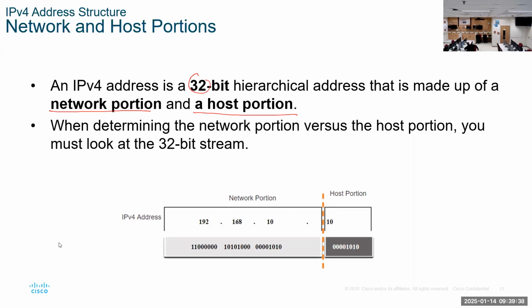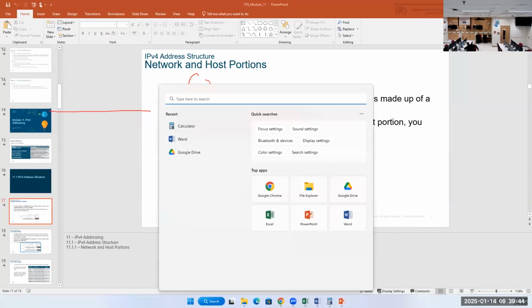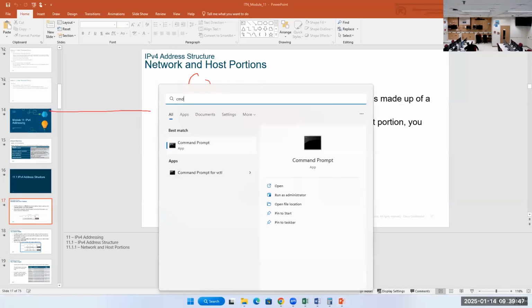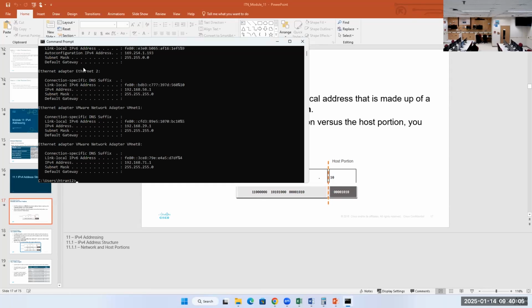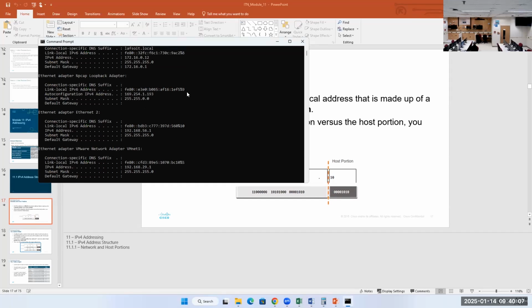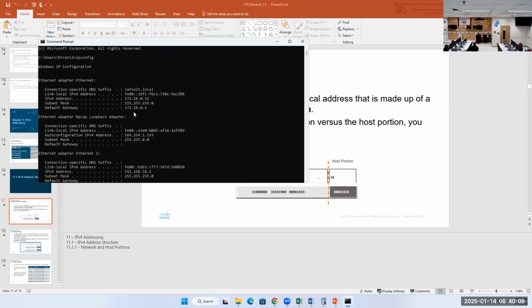But one thing I can show you right now: if you go to your computer and open the command prompt, you put CMD here, the computer command prompt. Now, if you type ipconfig and press enter, you can see what you have in your computer right now.